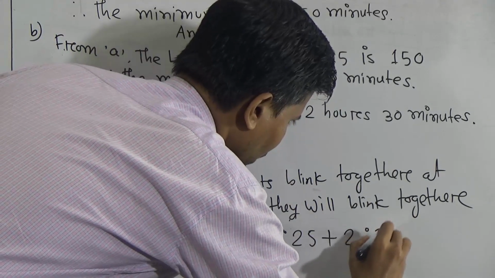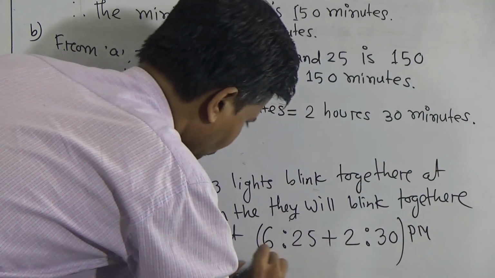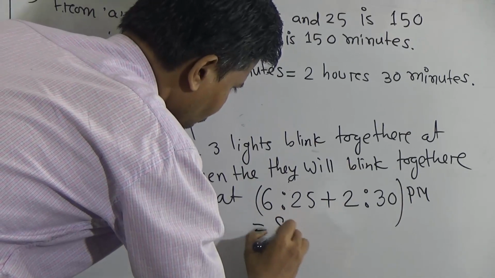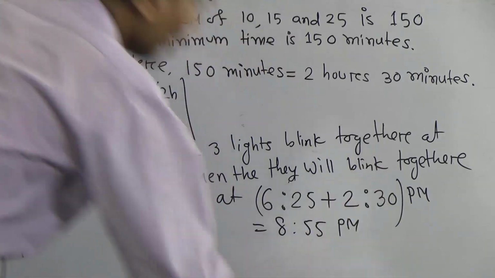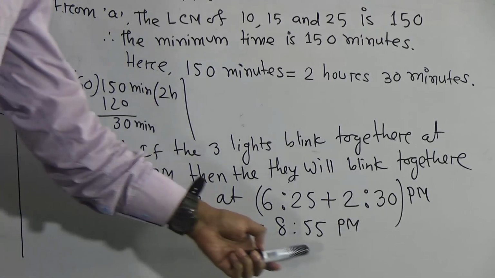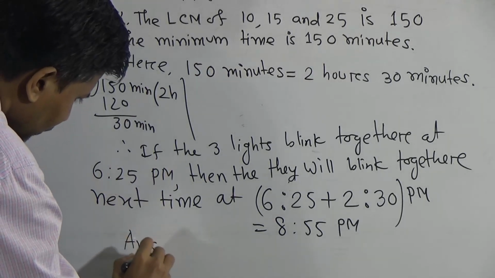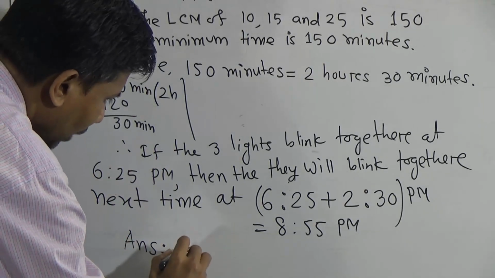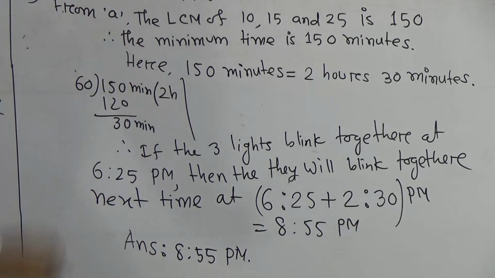Means 6 plus 2, 8, and 55. Okay, student, that means at 8 hours 55 minutes, the 3 lights blink together next time. So write the answer, 8:55 p.m.